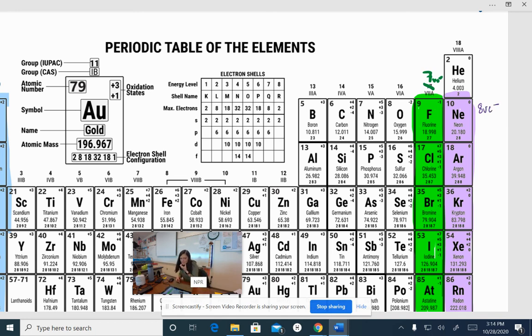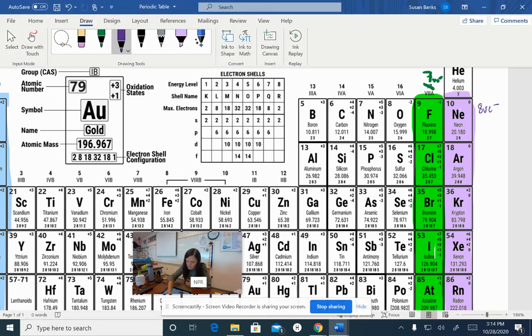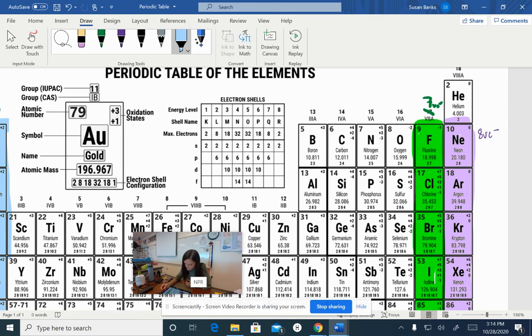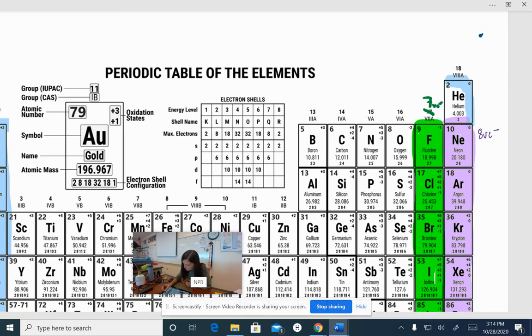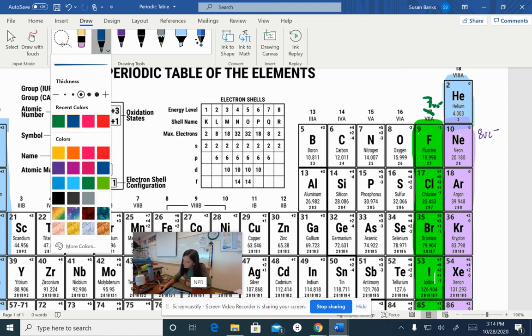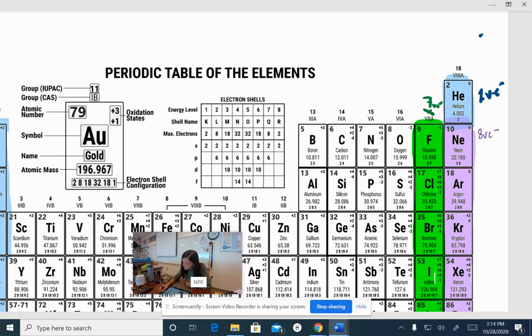Helium's kind of weird. Helium has 2, so let's put it in blue, symbolizing that it has 2. Helium has 2 because of quantum mechanics, and we're not going to go into quantum mechanics here.